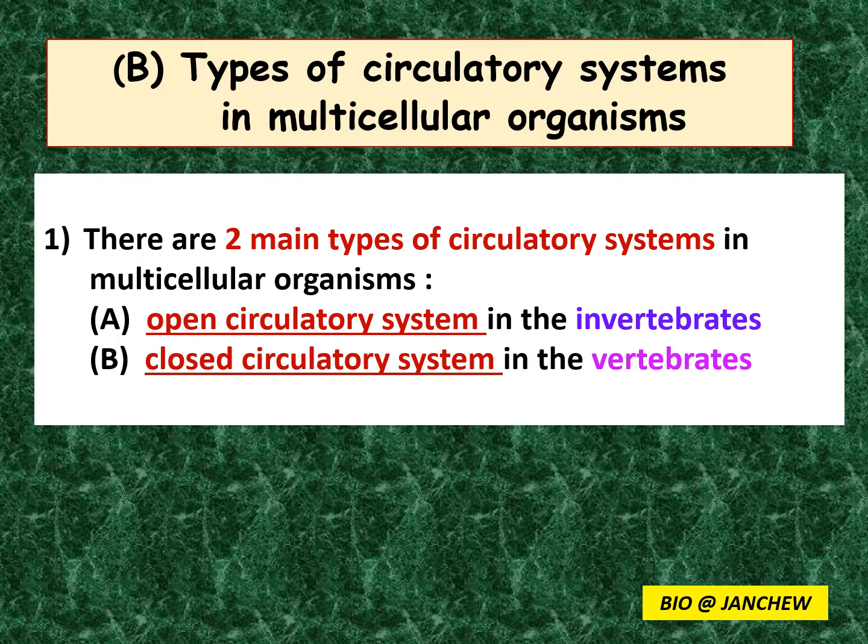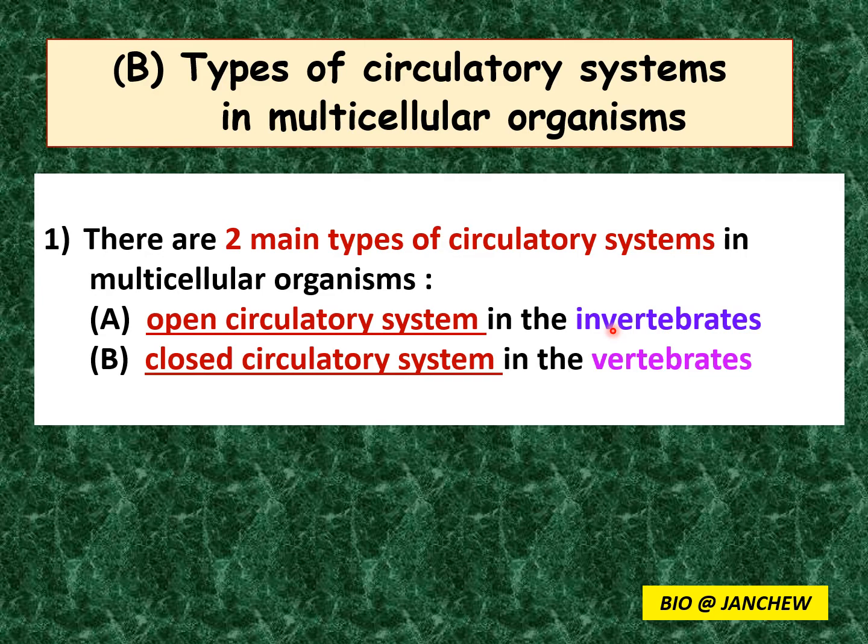Let us now discuss the types of circulatory systems in multicellular organisms. Now, there are two main types of circulatory systems in multicellular organisms. These are A, the open circulatory system in the invertebrates, and B, the closed circulatory system in the vertebrates. So the open circulatory system is found in the invertebrates, which are the animals without the backbone.